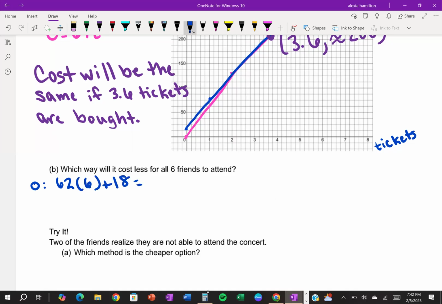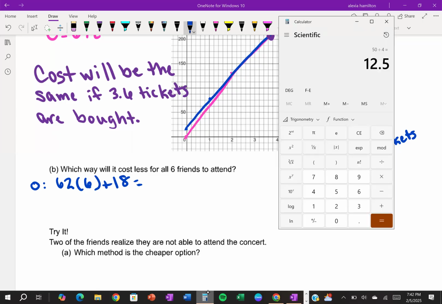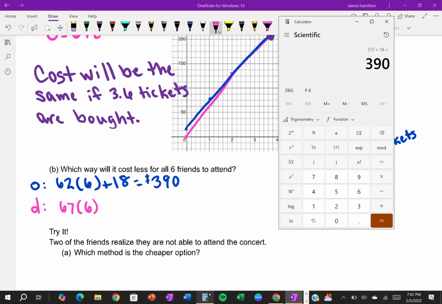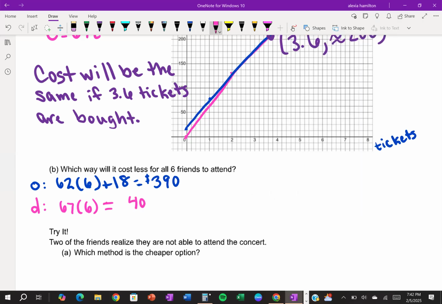And handy dandy calculator, that is equal to $390 for all six tickets. And at the door is 67 times 6. No service fee involved. Yep, 402. So online is cheaper.